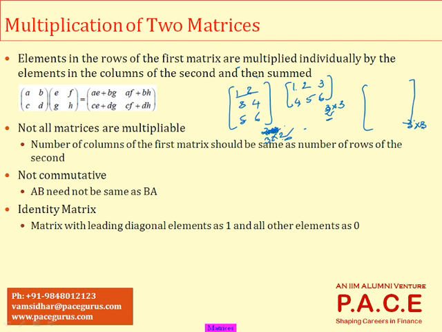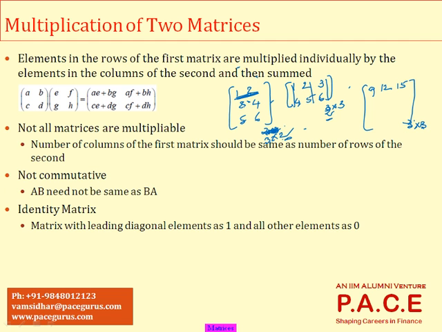First row, multiply it with the first column. 1 into 1, 1, 2 into 4, 8. 8 plus 1, 9. First row, second column. 1 into 2, 2, 2 into 5, 10. 10 plus 2, 12. First row, third column. 1 into 3, 2 into 6. 12 plus 3, 15.